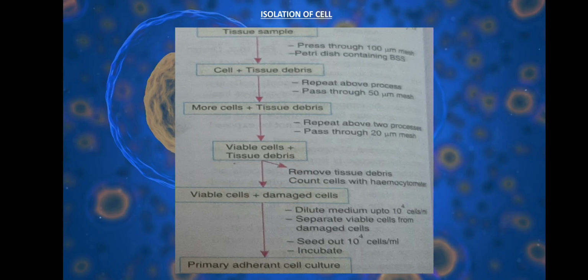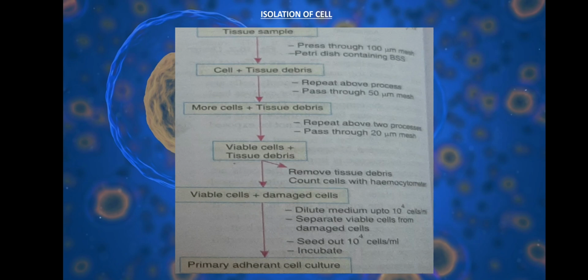Now let's move on to the primary stage of a cell culture. Before culturing, single cells need to be isolated by the following processes. The tissue sample is pressed through a 100 micrometer mesh and placed in a petri dish containing BSS, or basal salt solution.